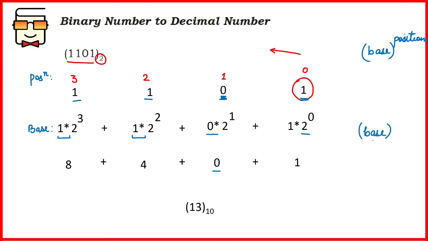This value you have to write below each digit or character of the given number. Then depending on the position of each digit, you have to raise the base to the power of the position. Then you have to multiply the digit with this value, and then you have to sum all these values together. So these are the 4 steps.